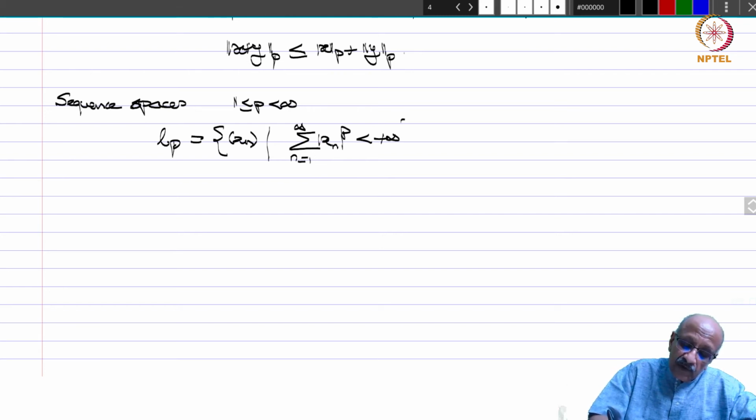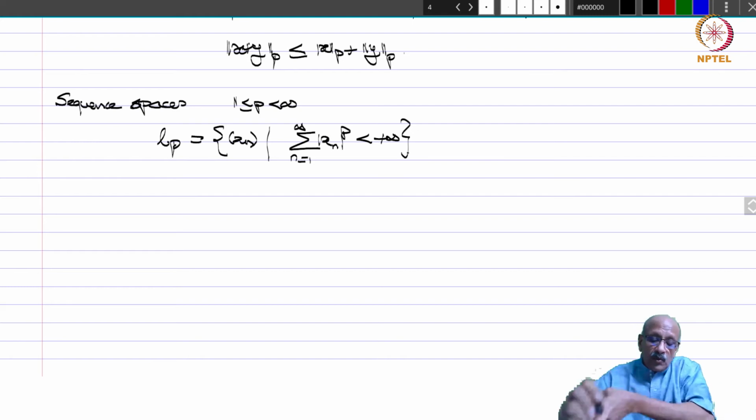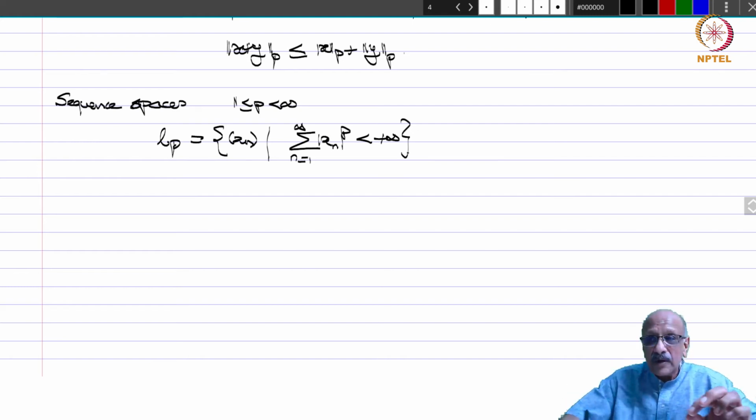So this is a convergent series. Each vector is now a sequence x_1, x_2, ..., given by the property that the sum of |x_n|^p is less than infinity. As of now, this is just a set, okay?